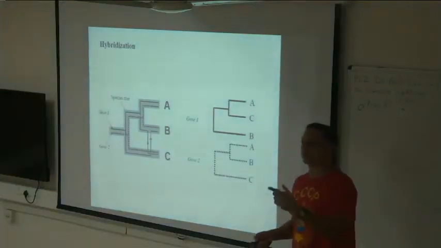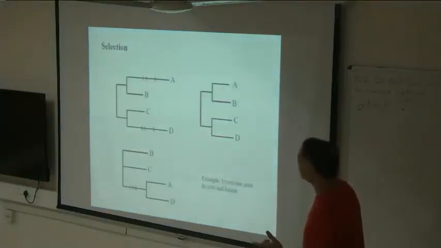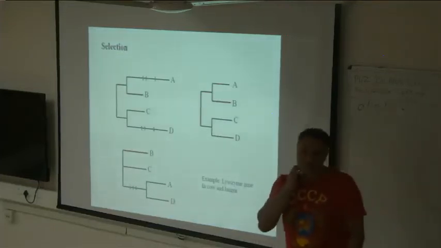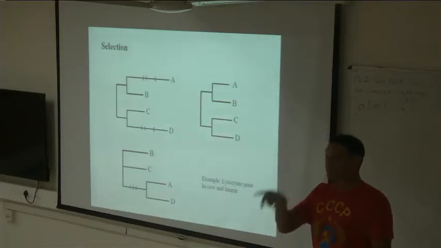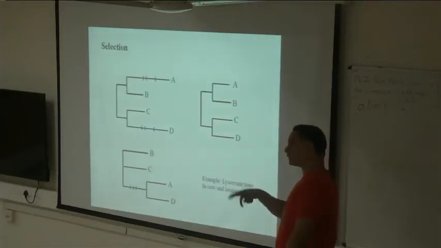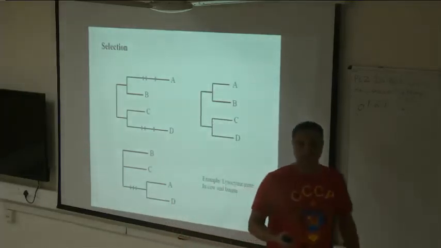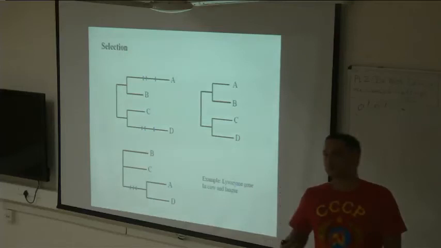Okay, hybridization. So someone also said selection, okay? Selection, as I said, if there's one particular gene which is under selection, positive selection. And remember, positive selection is when non-synonymous substitutions outnumber synonymous substitutions, right? So if the genes are under positive selection, you should not use them to build phylogenies.